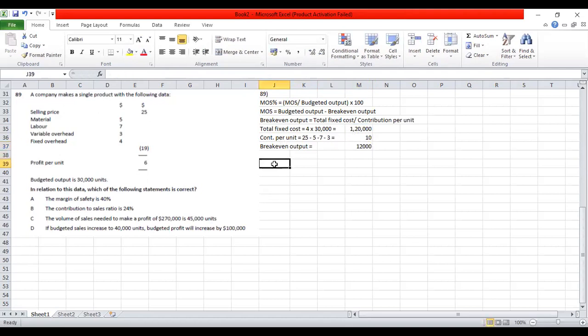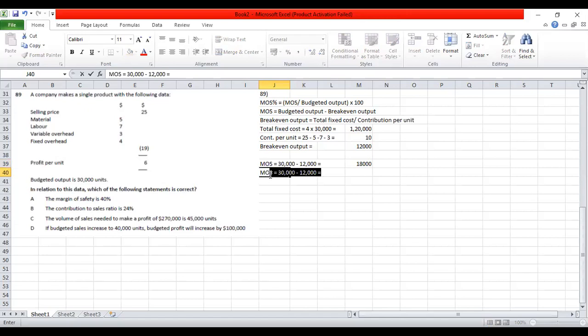Now coming to margin of safety percentage. First we have to calculate margin of safety. Margin of safety is equal to the budgeted output of 30,000 minus the break-even output of 12,000, so that comes out to be 18,000.